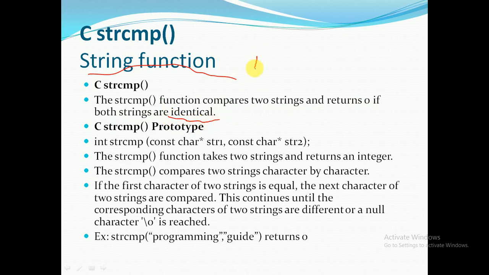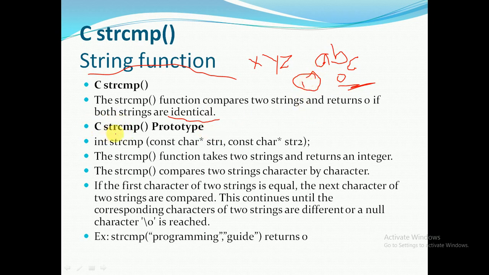For example, I pass x, y, z as string 1 and a, b, c as another string. I am comparing both the strings. Are both the strings the same? No, it returns 1. If both the strings are same, it returns 0. If both strings are not the same, it returns 1.